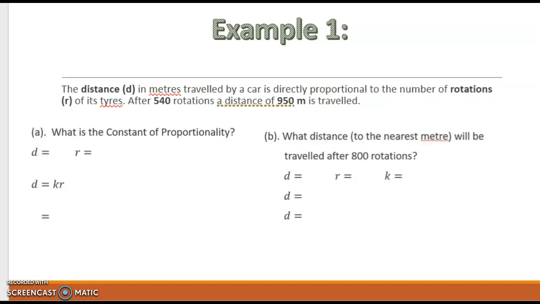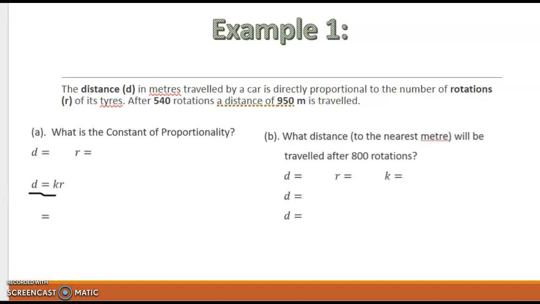So the distance d, we write that first, equals k, where it says is directly proportional to, and the last quantity mentioned that will change is the rotation, and that's called r. So that's how we get our first equation.